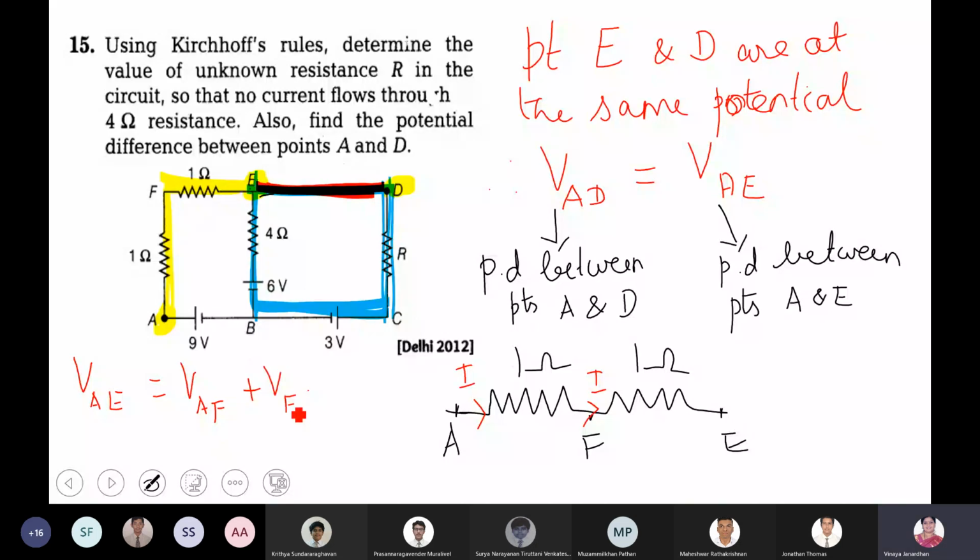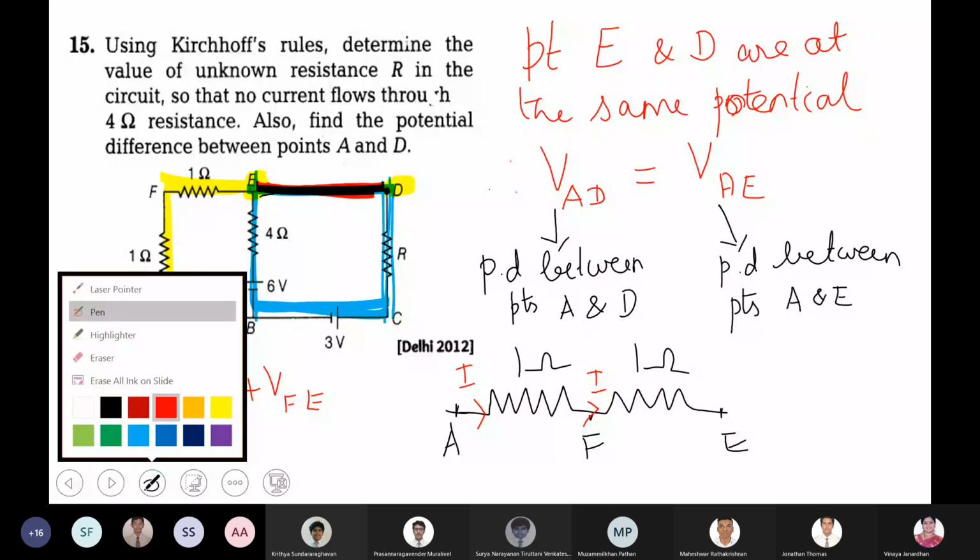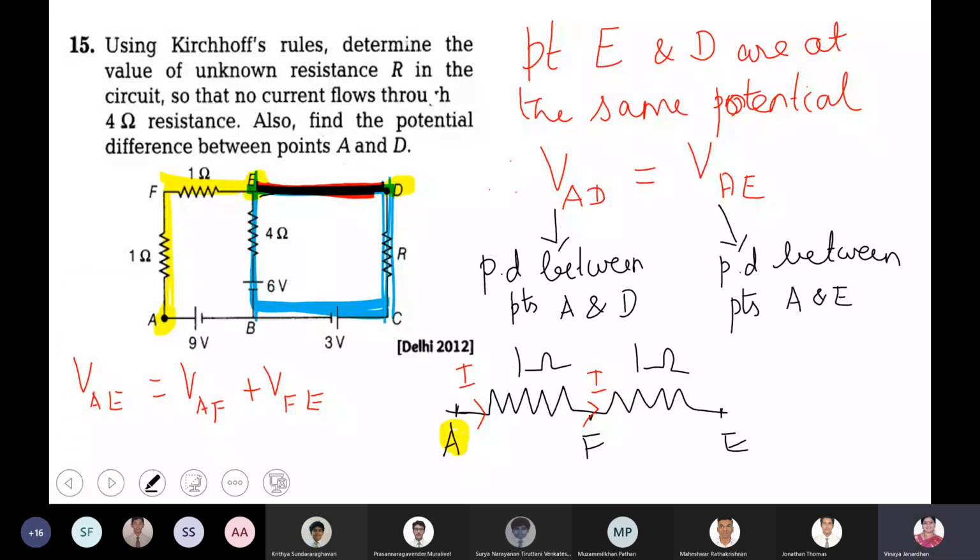Yes or no, boys? The total potential difference between these 2 points, right? VAE will be equal to the potential difference across VAF plus the potential difference across VFE.